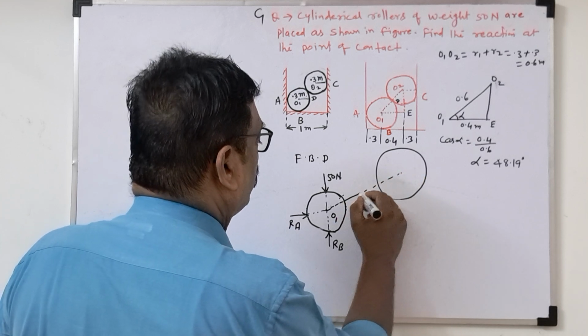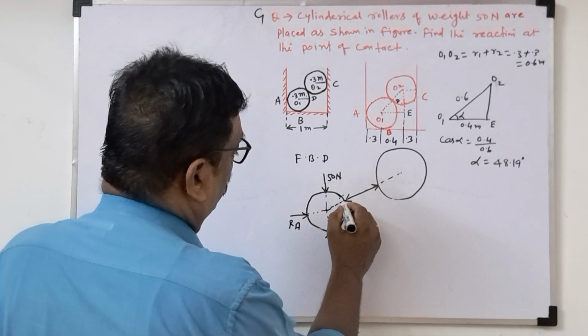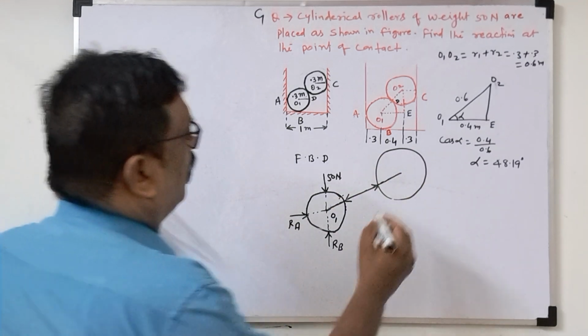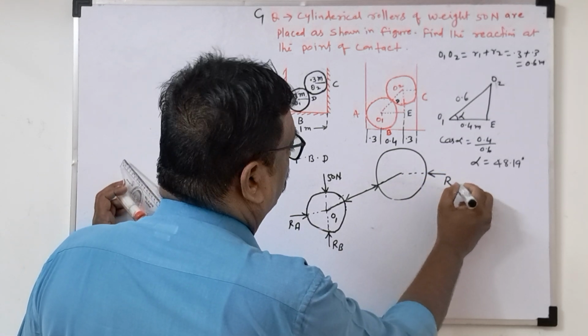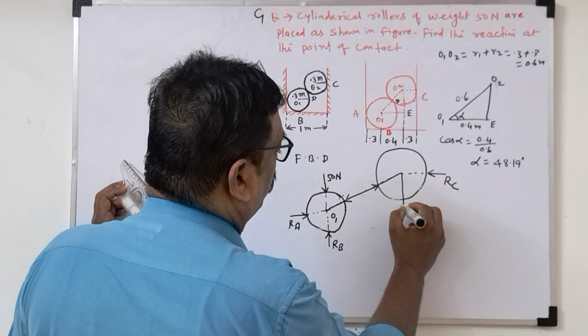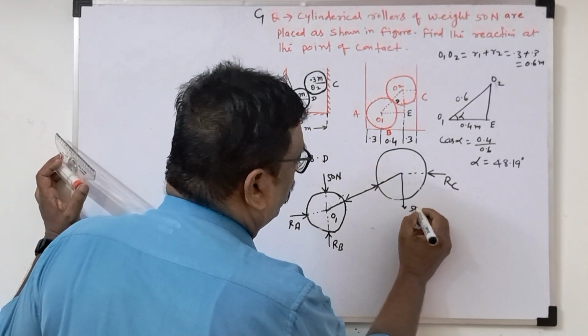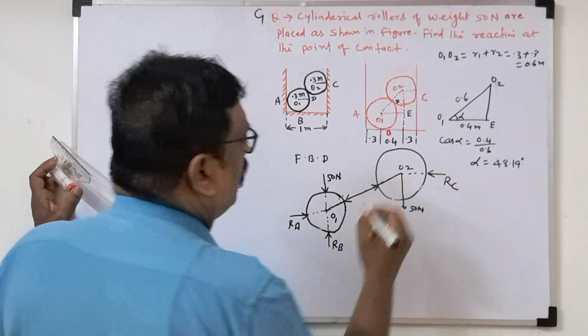Once we separate them, equal and opposite reactions will take place at the contact point. Here the contact point reaction is RC. And again the weight is there, both being 50 Newton. The weight acts 50 Newton vertically downward. This is O2.